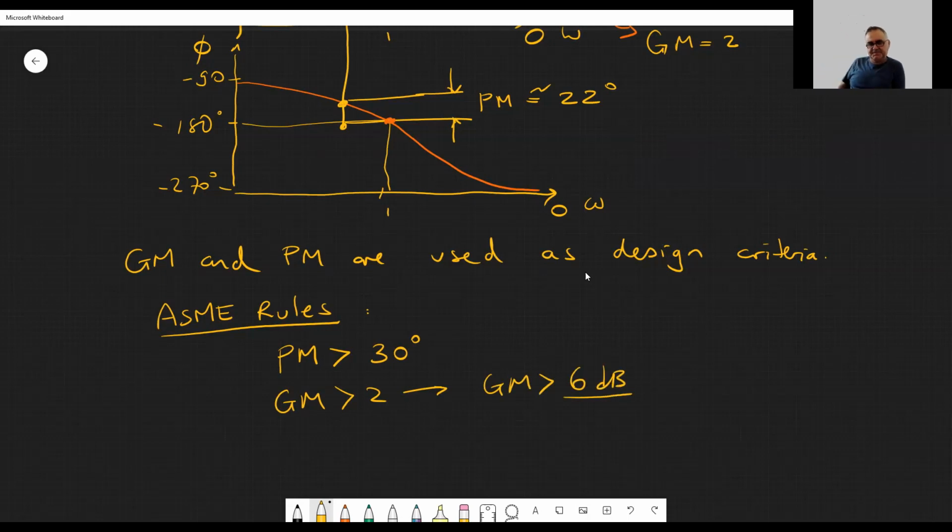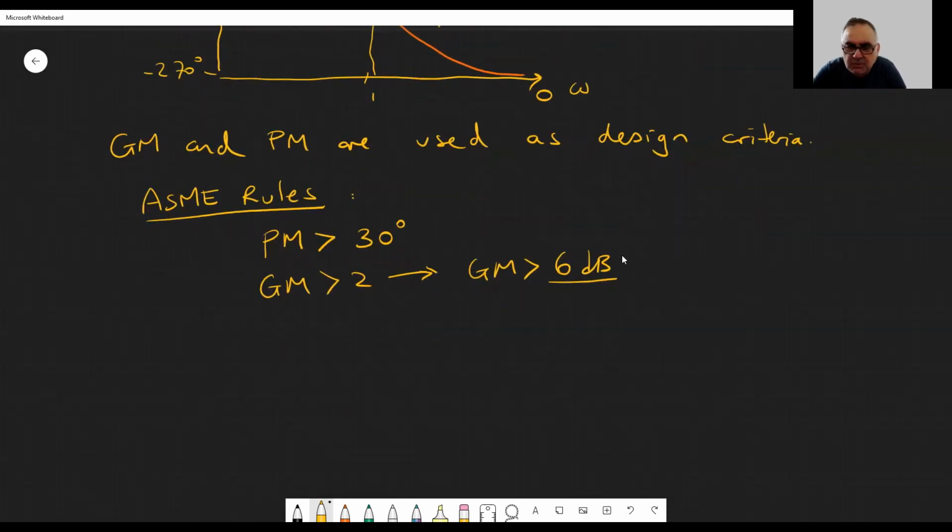Okay, they are the same thing if you take the logarithm. So if you try to design a control system, you should try to achieve these phase margin and gain margin criteria in your control design. Okay, these are the relative stability indicators which are necessary in the design of the control system.